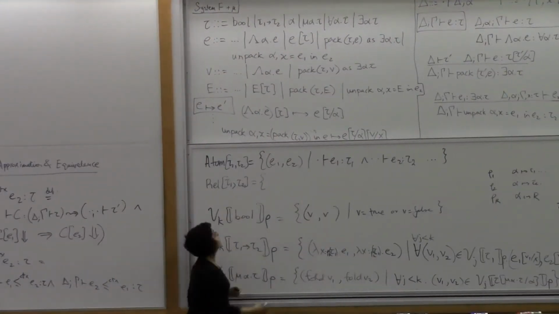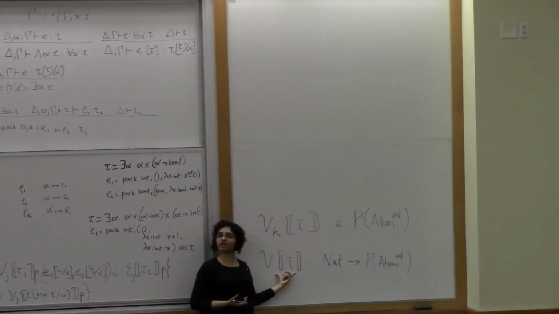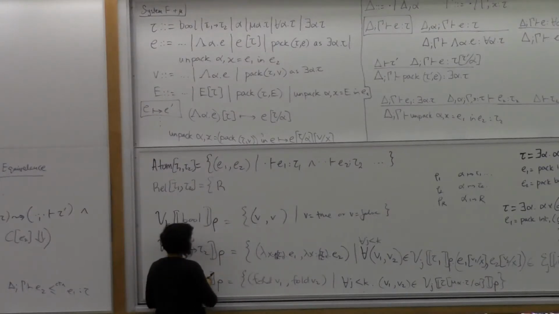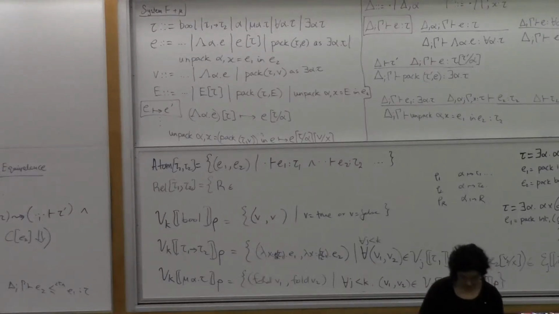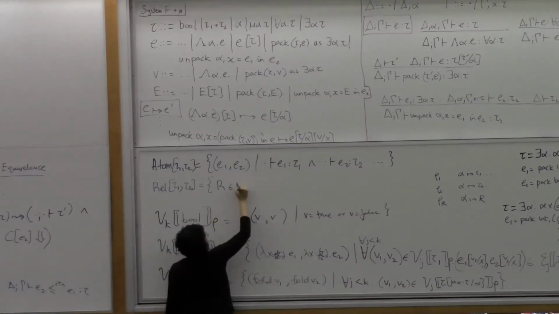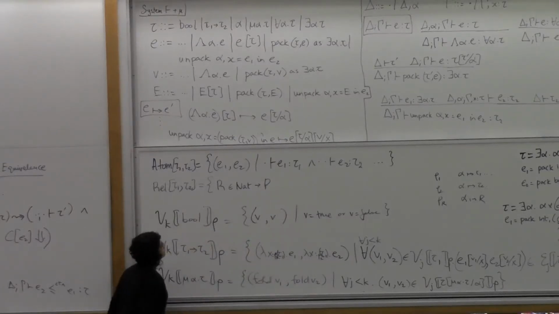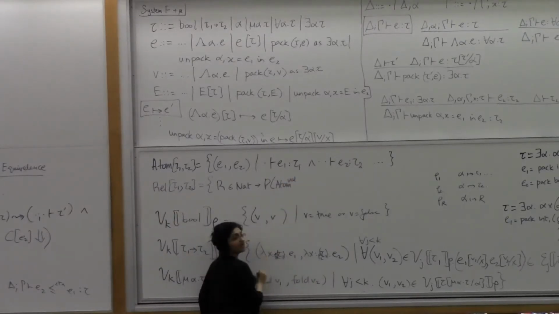So the relations that we want should be relations that can accommodate these things that we've been defining. What we want is rel to be something drawn from functions from nat to the power set of atoms, restricted to values.